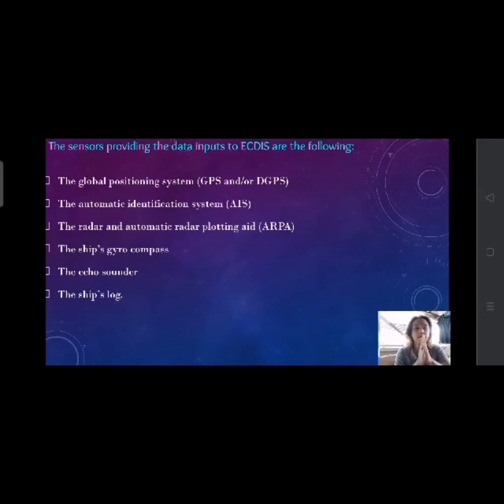Explain the sensors providing the data input to this.